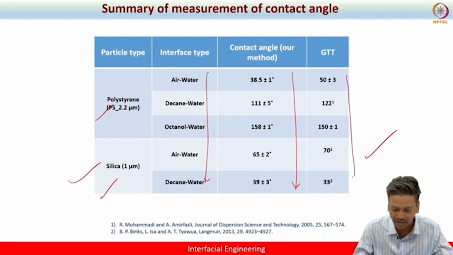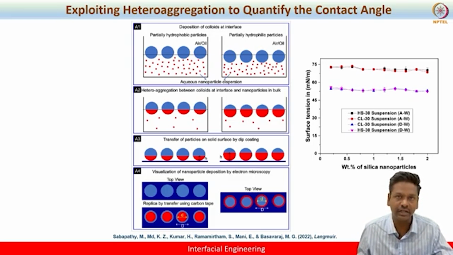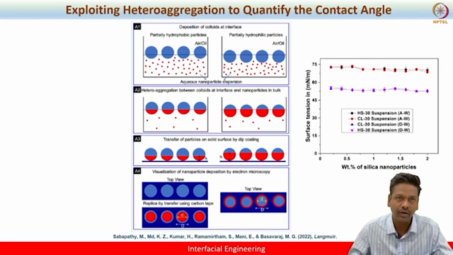We have also compared them with the direct methods available in the literature. So the shortcoming of the previous method is that you can only use that technique for positively charged particles, right?